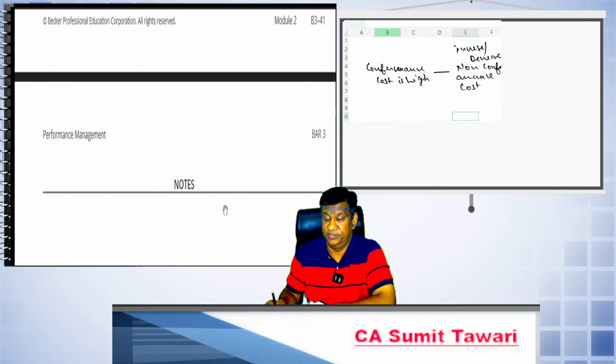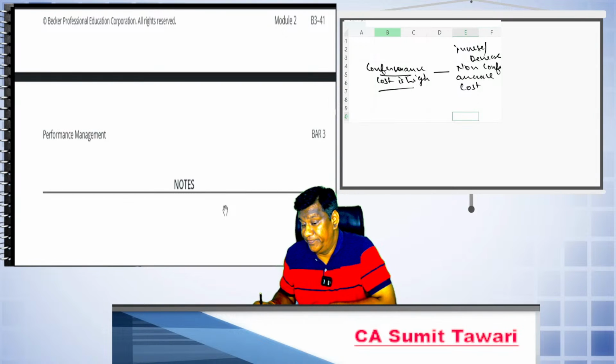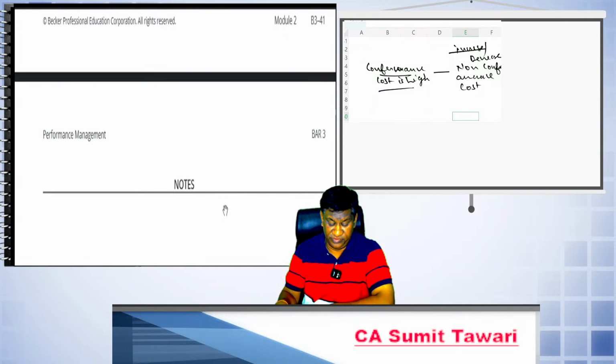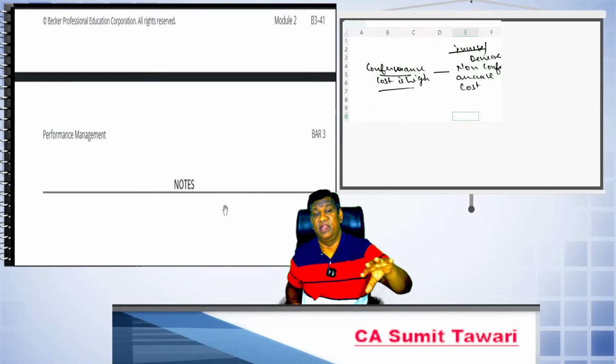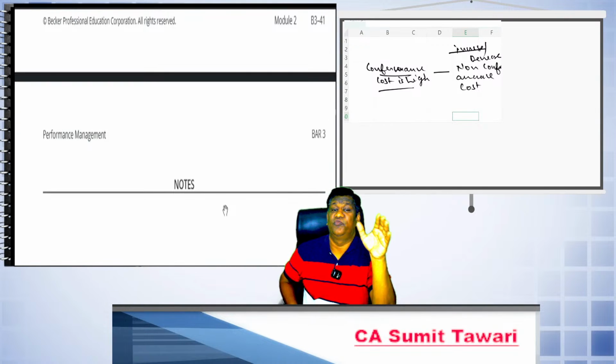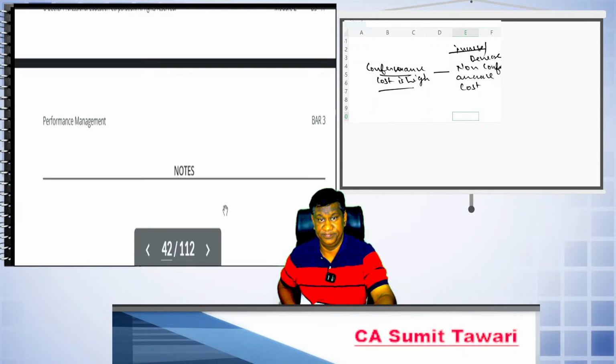Can anyone tell? Decrease. Yes, decrease. So if I put a cost on prevention and appraisal, it will help me reduce my internal and external failure cost. So we need to compare. If I incur an additional cost at the conformance level, what is my impact on non-conformance? That we need to compare.